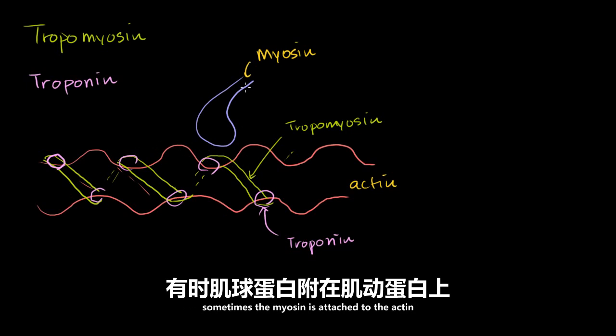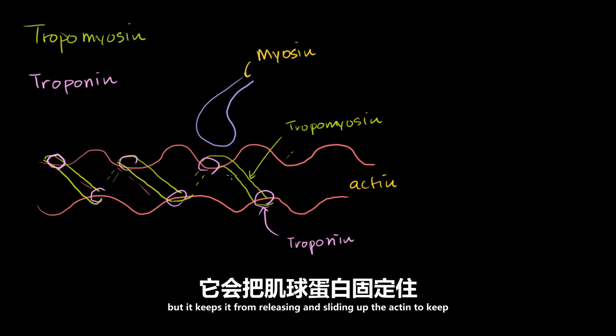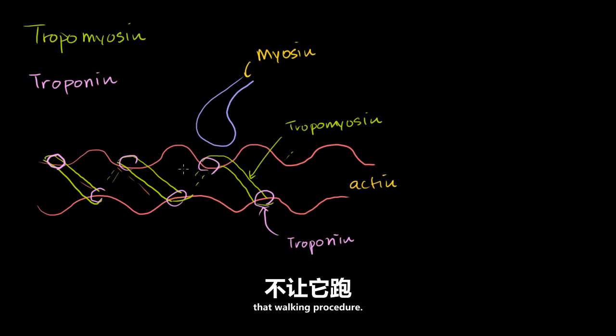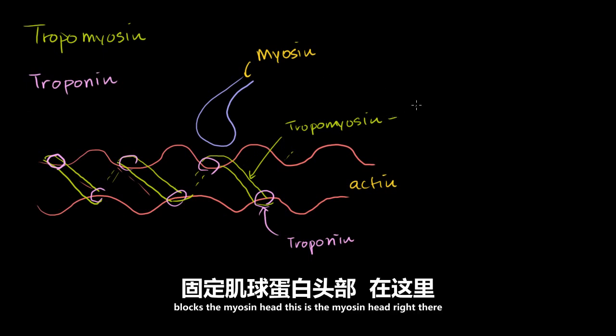Or sometimes the myosin is attached to the actin, but it keeps it from releasing and sliding up the actin to keep that walking procedure. So the bottom line is that this tropomyosin kind of blocks the myosin. The myosin head.